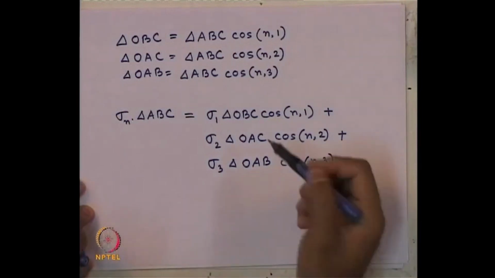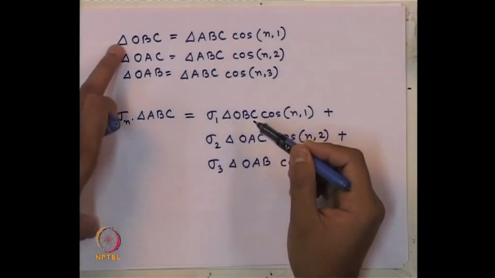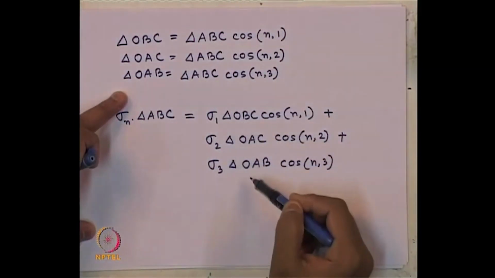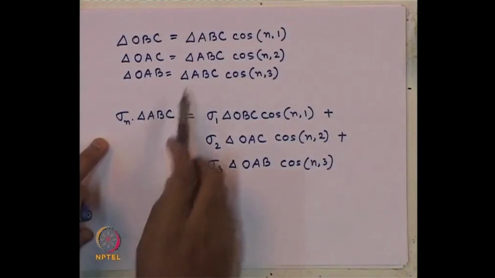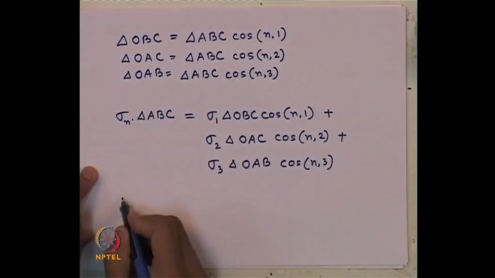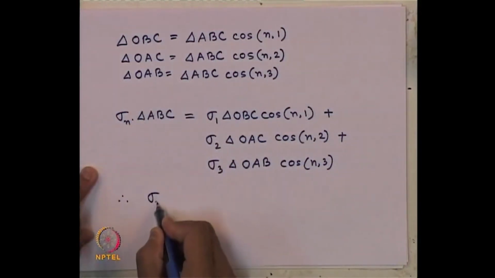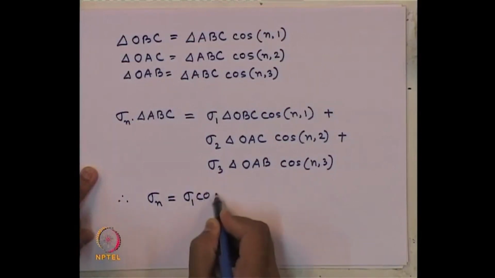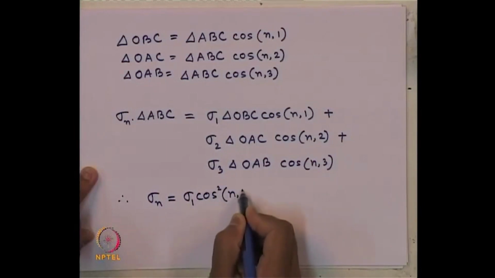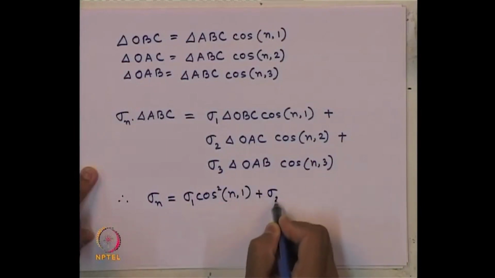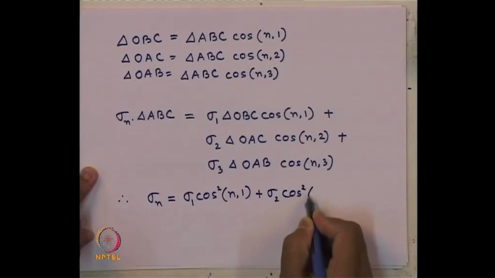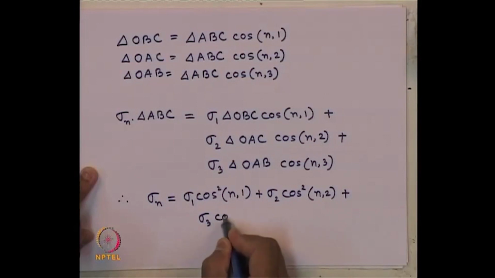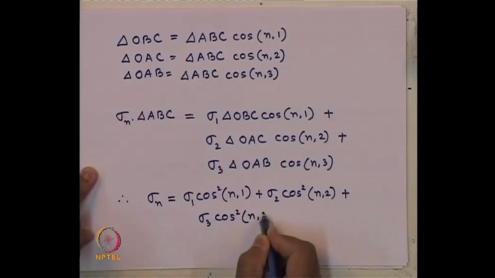Now if we put OBC, OAC and OAB expressions from this relation in this expression, then ABC from both sides will get cancelled. So, the final expression we will get is sigma n equals sigma 1 cosine square n1 plus sigma 2 cosine square n2 plus sigma 3 cosine square n3.